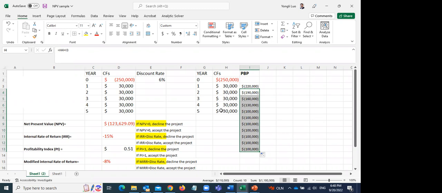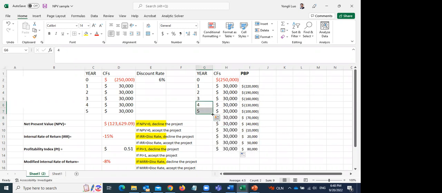Drag this one all the way down as well, and then select row 4 and 5 and all the way down. You gotta extend the years to see in which year the number becomes positive.